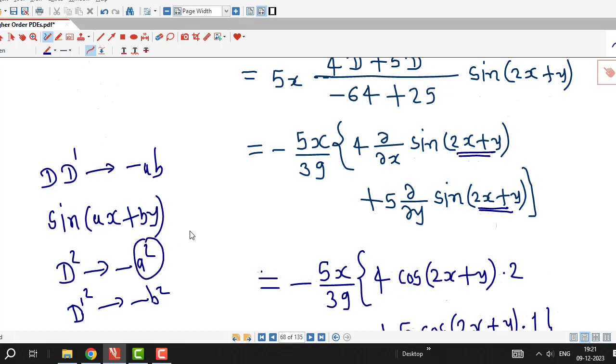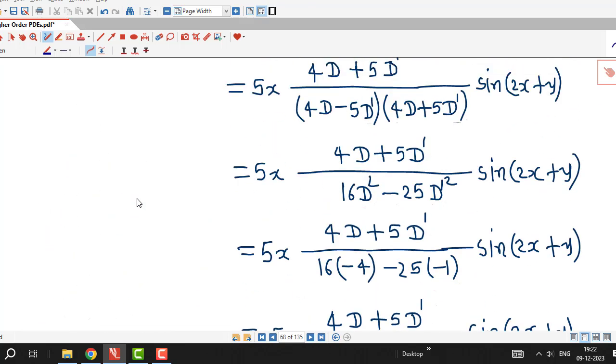Some students can misunderstand as if it is square of minus a, but it is not like that. We first take the square of coefficient of x and then we take the negative of that squared quantity. Same thing for D dash square. D dash square is replaced by negative of square of coefficient of y, and D D dash is replaced by negative of product of these two coefficients of x and y.